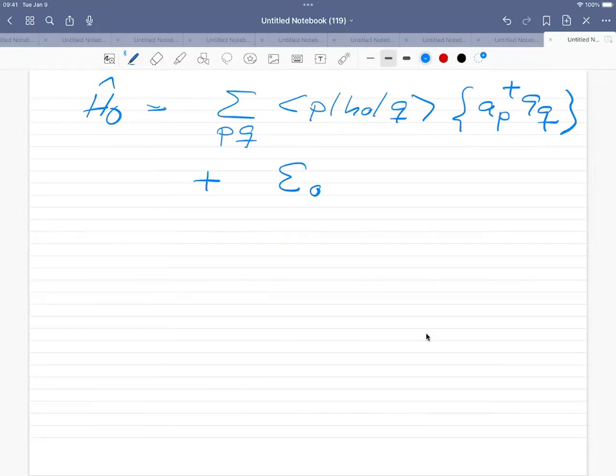That is a reference energy, which is the energy calculated, just to remind you, as phi 0 of H0 of phi 0.